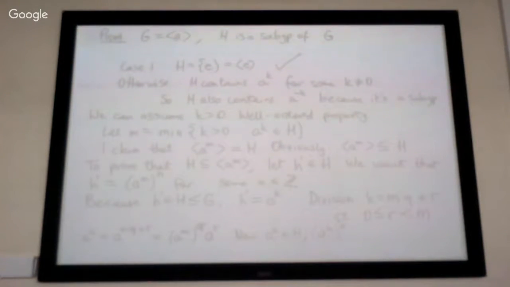The q is in the subgroup, so also A to the n minus q times A to the k, where the times is the group times, which is A to the r, is also in the subgroup. Okay, but A to the r is in H.